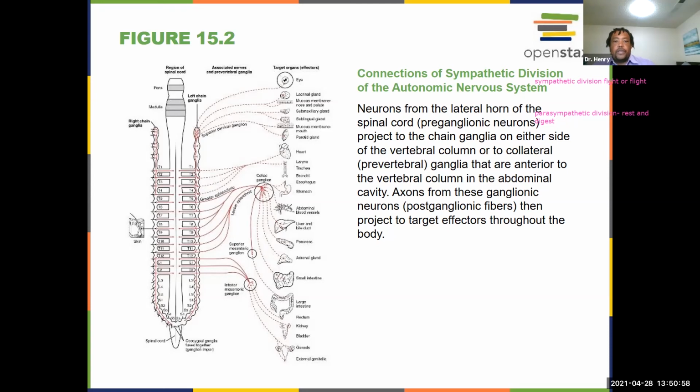Okay, so then the axons from these ganglionic neurons are then going to be projecting to the effectors. So these guys here are then going to go and project to the effectors.